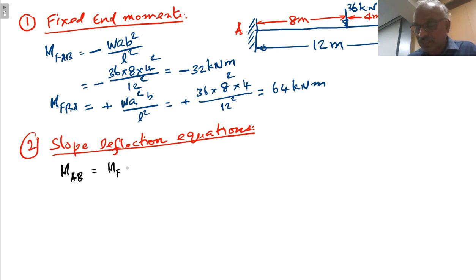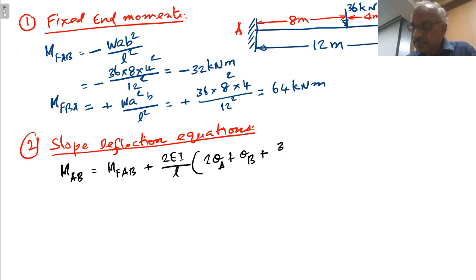We know the slope deflection equation is in terms of the unknowns, slopes and deflections. So this is in terms of fixed end moment, M of AB plus 2EI by L into 2 theta A plus theta B plus 3 delta by L. General formula, 3 delta by L here.